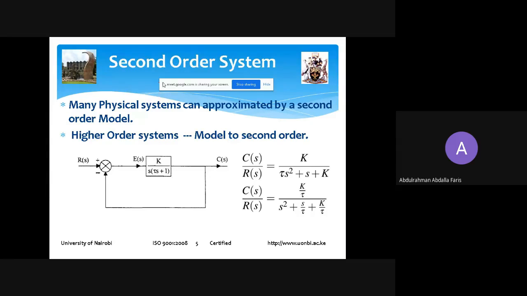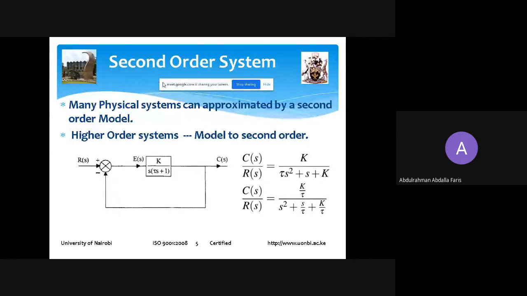Now we go back to our second order system. Many physical systems are actually second order, and those which are higher order can be approximated to a second order system. So it's very important that we discuss second order systems.